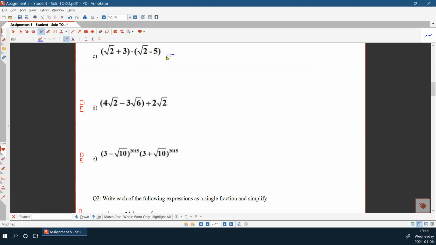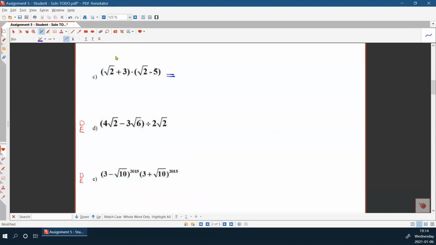Okay, next one. Both of you have done this correct, so I'll just quickly give you the final answer. Okay, this is an expansion of expression. So this means square root of 2 times square root of 2 minus 5 times square root of 2 plus 3 times square root of 2 minus 15.